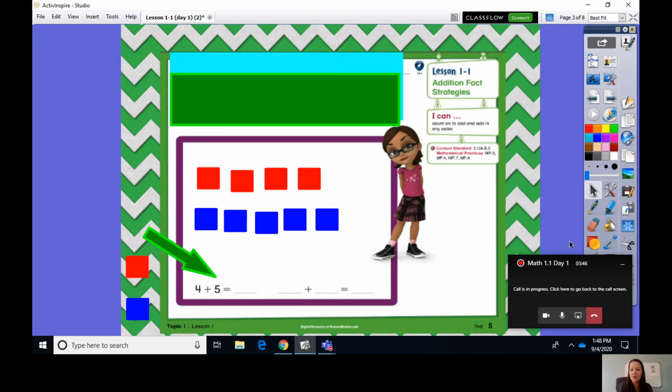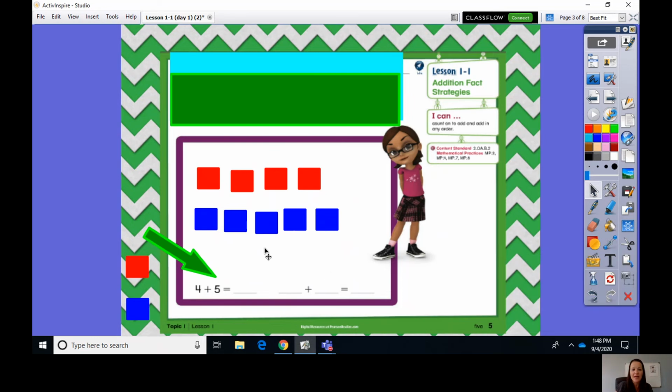Now, if I count them all up together, I see I have 1, 2, 3, 4. I'm going to count on from 4. 5, 6, 7, 8, 9. I have 9, so 4 plus 5 equals 9.